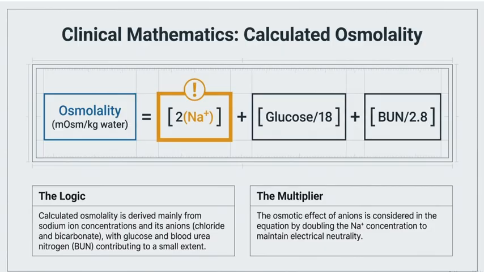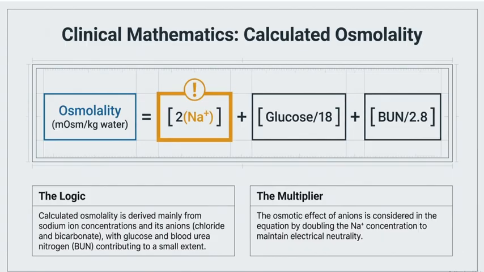In clinical practice, we estimate the osmolality using a formula. The main key driver in this formula is sodium. The calculated osmolality formula is 2 times sodium plus glucose by 18 plus BUN by 2.8.